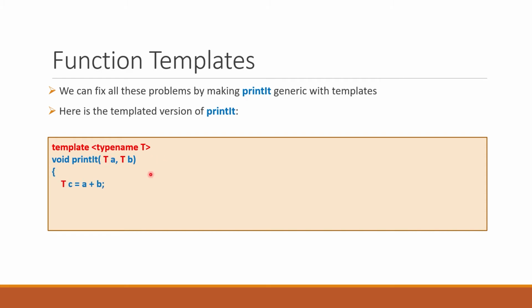And then inside we can use this placeholder as well. So we are still saying that c equals a plus b, and this variable c can also be of the type T, this placeholder value.